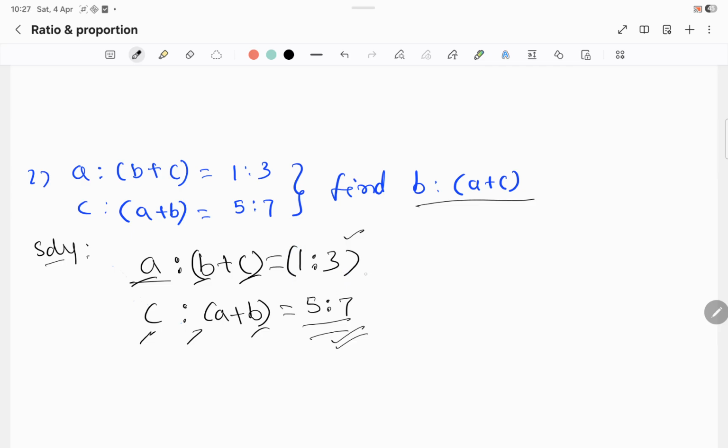This must also be 12, right? To make 12 I have to multiply by 1 plus 3, 4 parts. 4 parts I need to make 12. So multiply by 3, which gives 3 ones 3, 3 3s is 9. And it is 5 is to 7.